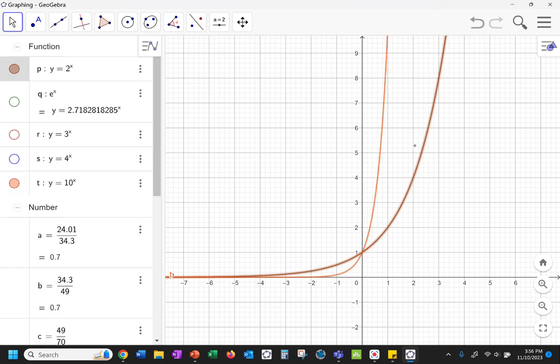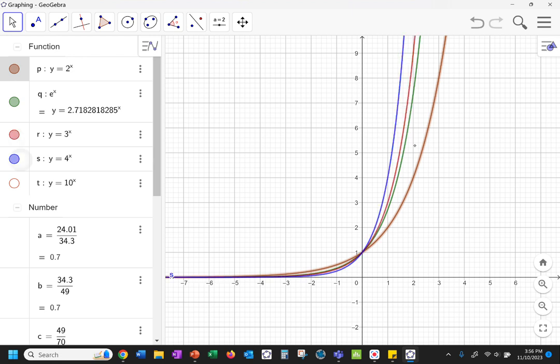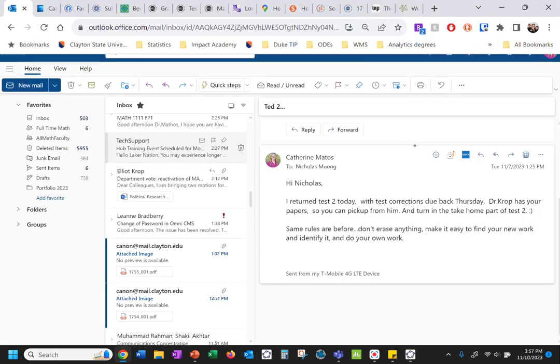The 10 is growing much faster, it's much steeper than the 2. 2 to the x, then e to the x is a little bit steeper, 3 to the x is steeper than that, 4 to the x steeper still, and 10 to the x steeper than that. They're all going through that same (0, 1) y-intercept. On the other side it's kind of the opposite: 10 to the x stays small at negative x's for longer than 2 to the x does. So that's kind of our properties there.